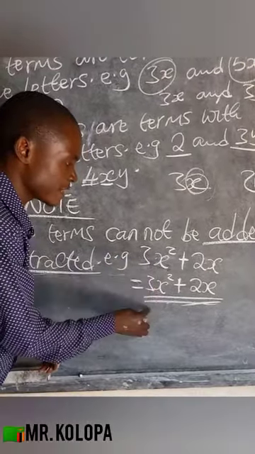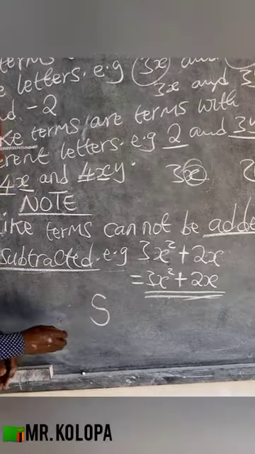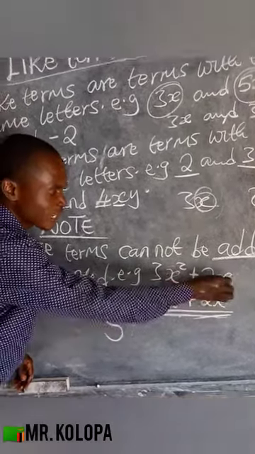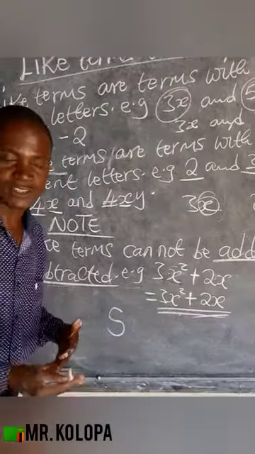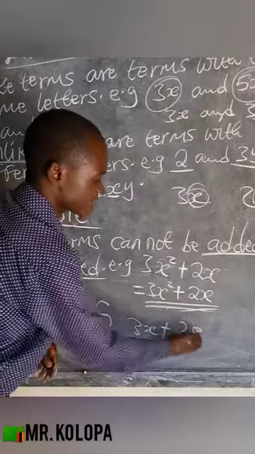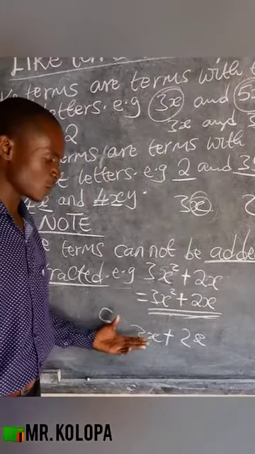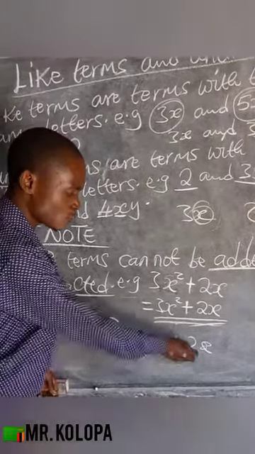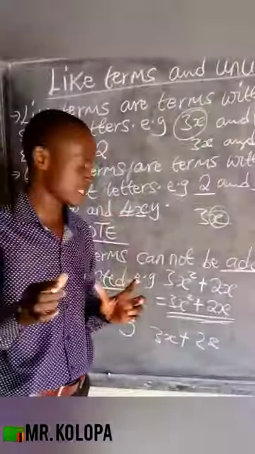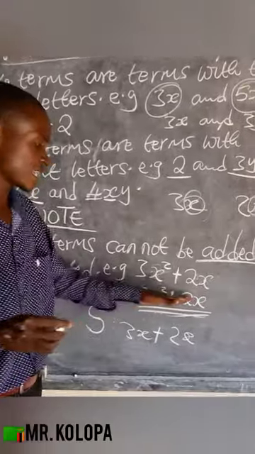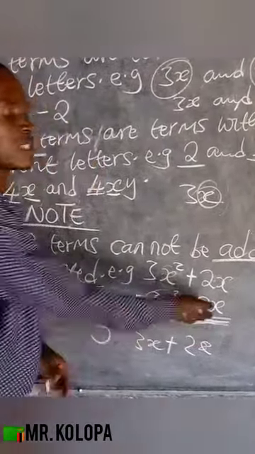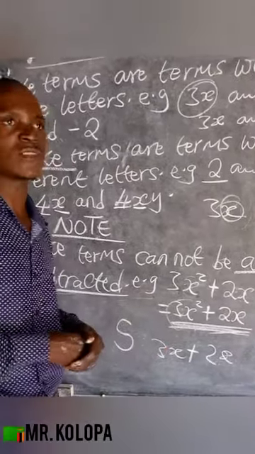Because if you get 5, what are you going to write there? Are you going to write x squared or x? So this is confusing. Unless you have 3x plus 2x. This is very easy, because you just add 2 plus 3, you get 5, and to that 5 you add the x. So these two are unlike terms, and we can't add them, so the answer will just come out the same. So take note of that.